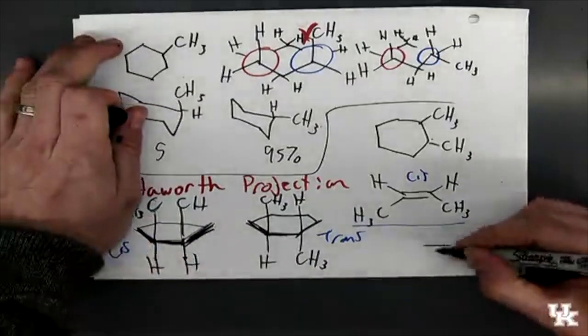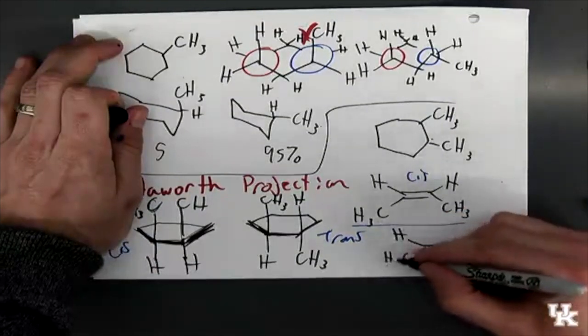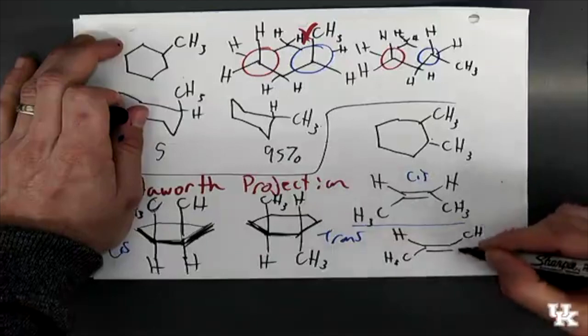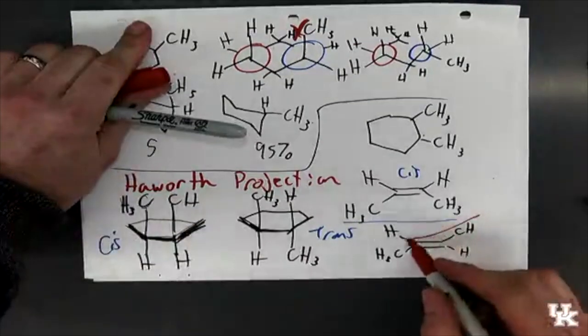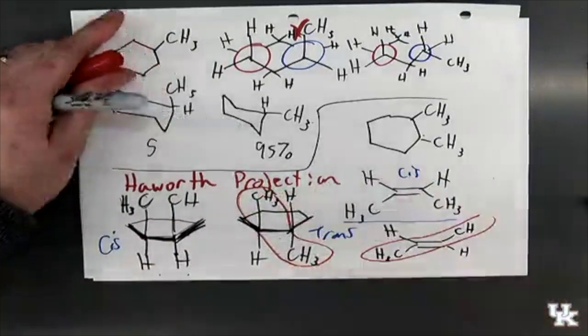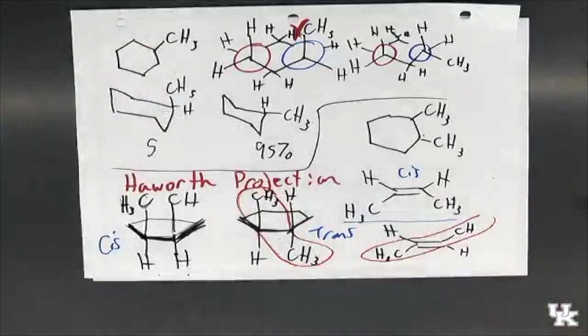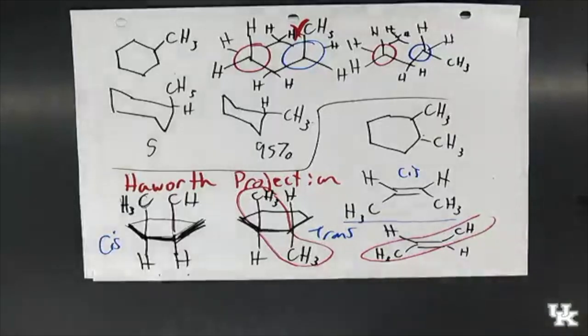And this one would be the trans isomer because they are on different sides. There we are. Does everybody see that? Cis and trans, same, opposite sides, fairly straightforward isomers.